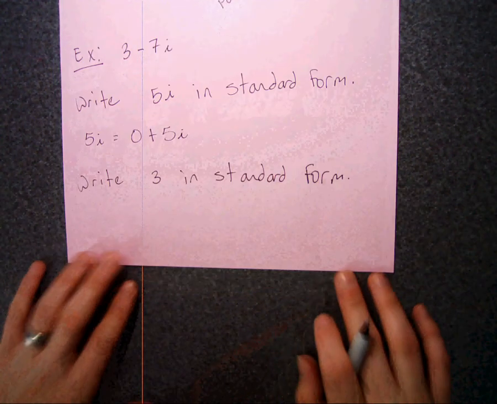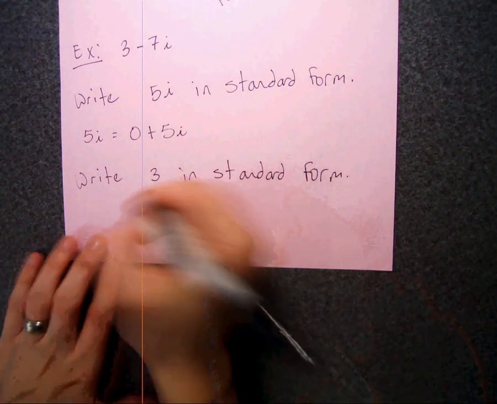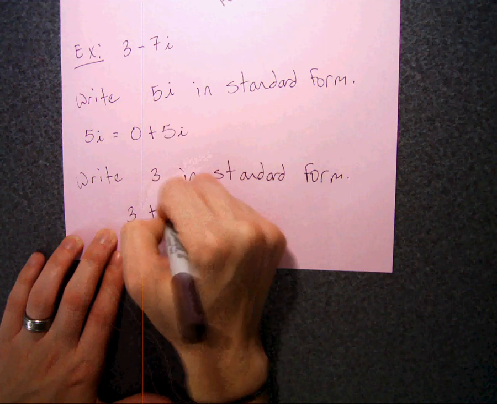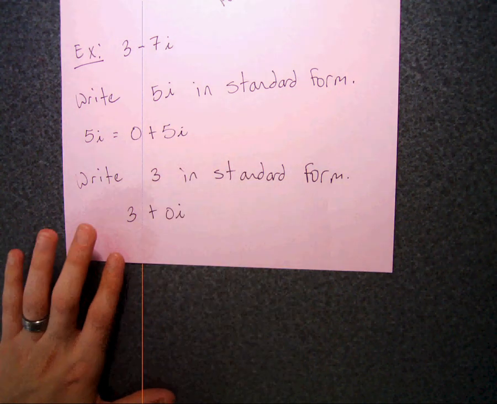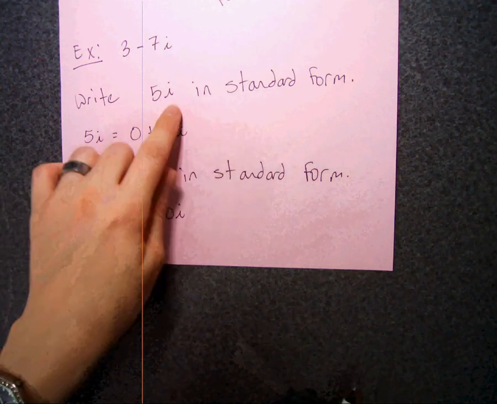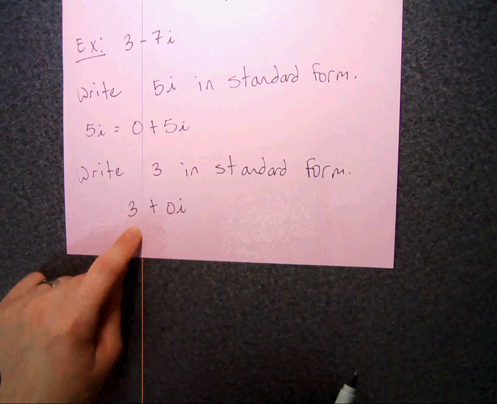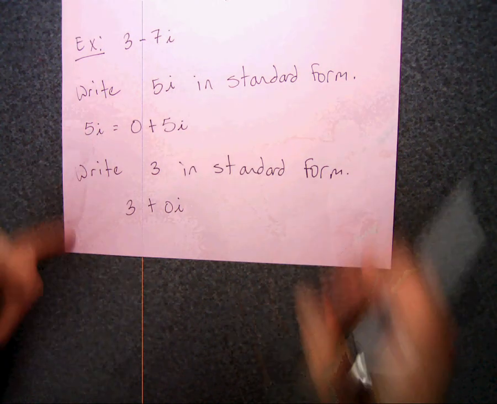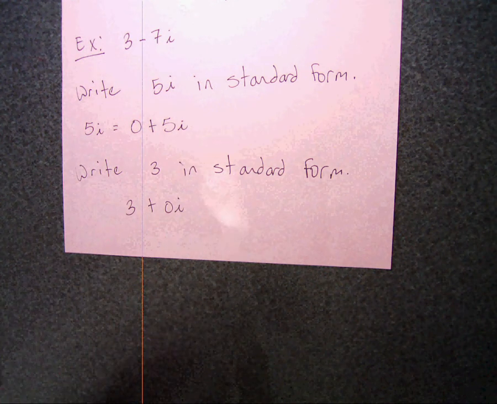So whenever we're working with complex numbers, no matter if I only end up with an imaginary number or only a real number, we want to write our final solutions in standard form. Alright, so these are numbers, and with numbers we can do different types of operations, just like we would with real numbers. So let's look at operations with complex numbers.